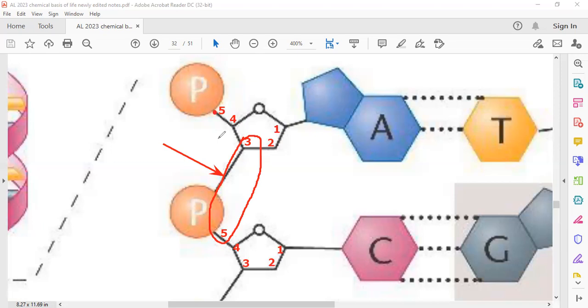So, the phosphodiester bond is created always between the third carbon and the fifth carbon. Are you clear? The phosphodiester bond is created between the third carbon and the fifth carbon.